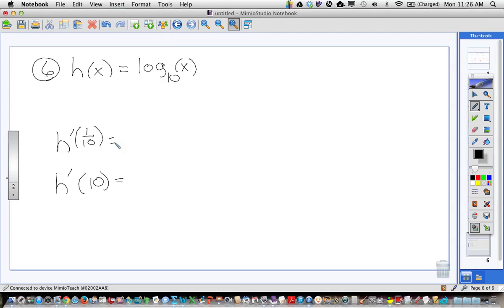To find h prime of 1/10, h prime of 1, h prime of 10, h prime of 100. Okay, well, how do you find h prime of anything? Well, one way is to find h prime of x first. So all this question is asking is for you to use your rule to find h prime of x. And so what did the rule say?